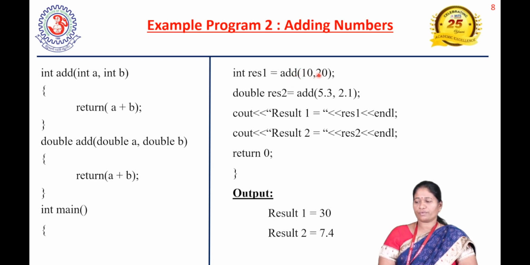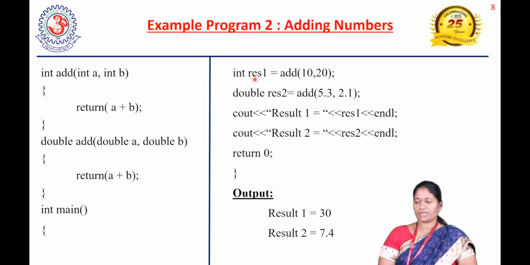If you pass the arguments 10 comma 20, the function goes to this particular place, adds the values, and returns here. So the value coming here is 10 comma 20, and you will get the answer 30.